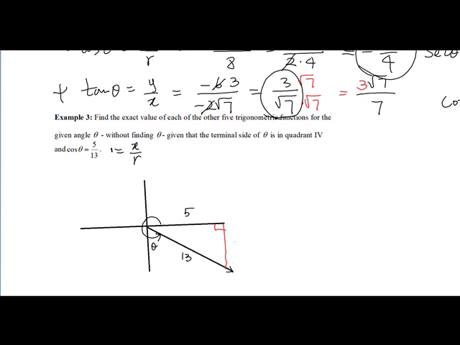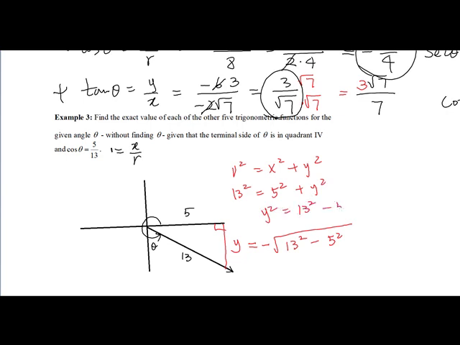Now what's missing is the y value. And in quadrant 4, y must be negative. By the Pythagorean theorem, it's negative square root of 13 squared minus 5 squared, because r squared equals x squared plus y squared. R squared is 13 squared, x squared is 5 squared, plus y squared. So y squared equals 13 squared minus 5 squared.